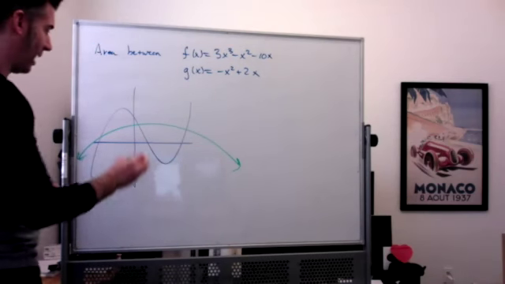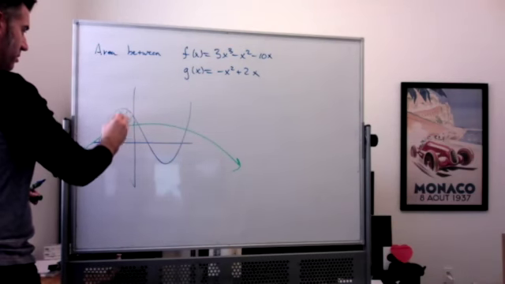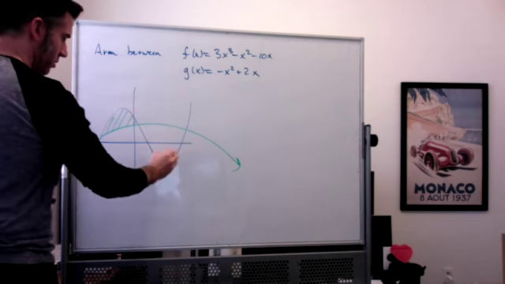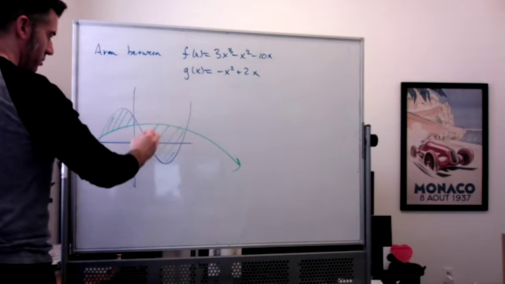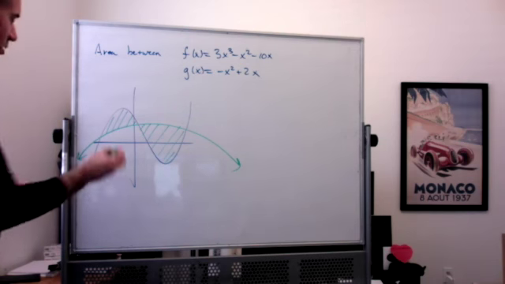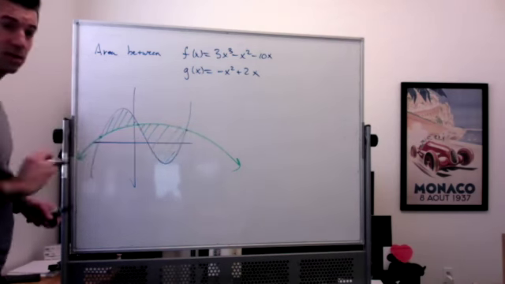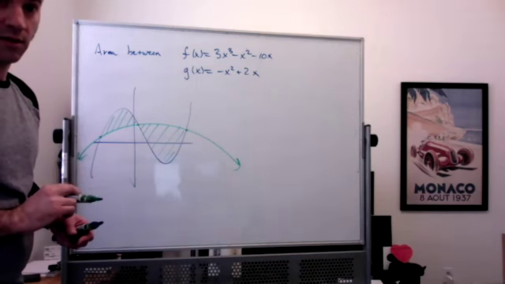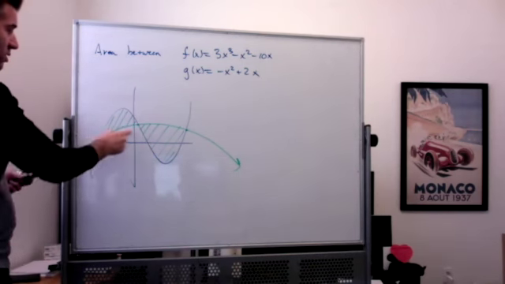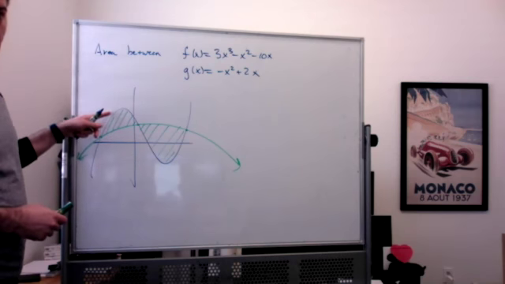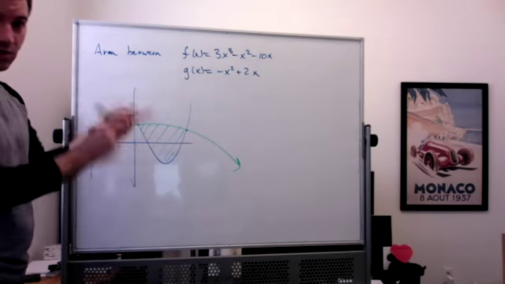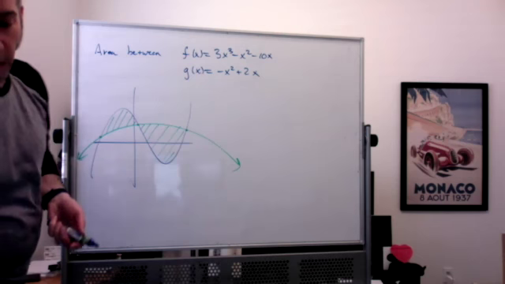And so I see the potential for 1, 2, 3 points of intersection, where between the first 2 points, one function is on top, and between the next 2 points, they actually switch and the other one's on top.